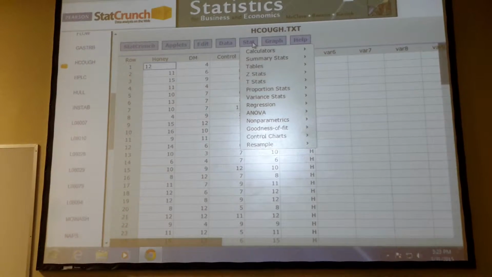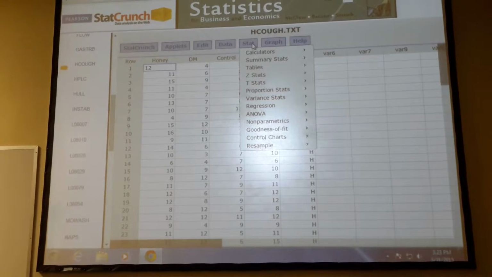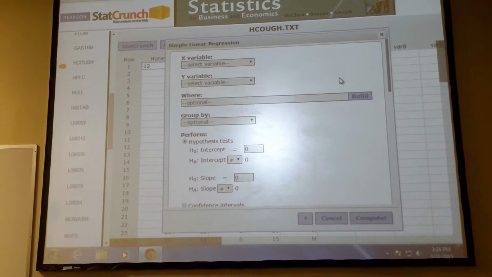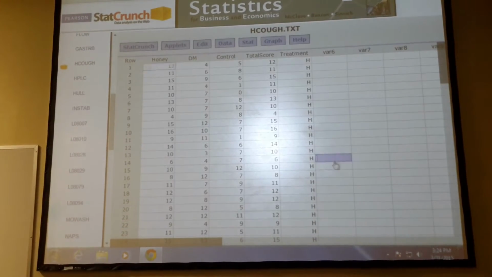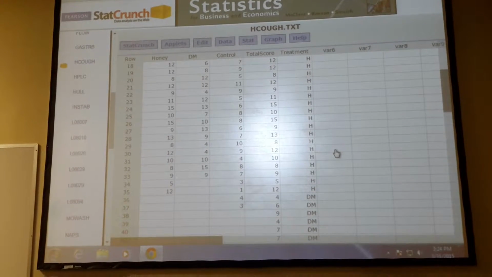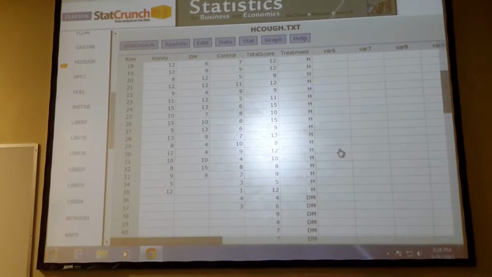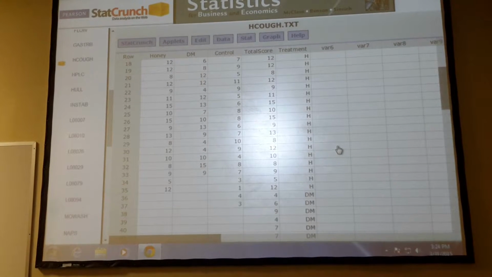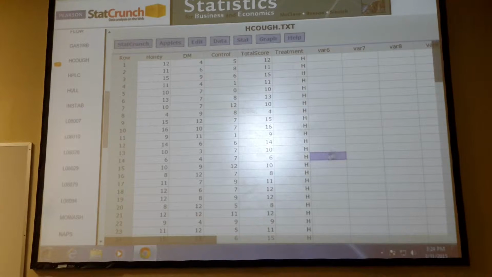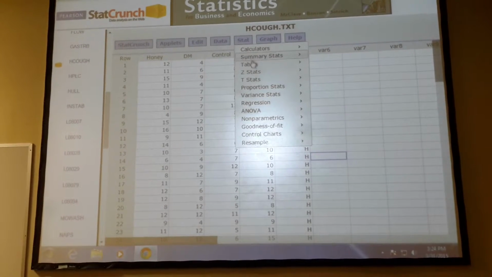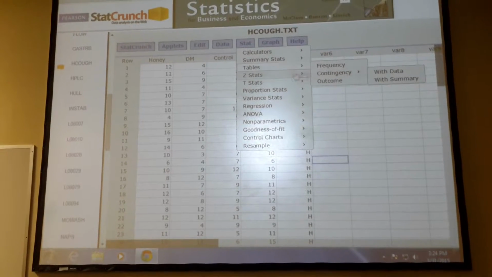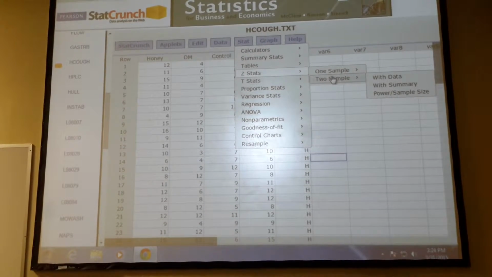We're going to click on our stat button, and this is quantitative data. Just to show you here, we have 35 observations in our honey group and 33 observations in the cough syrup group. So that means that we are going to use a z-test. So we'll go to stat, z-stats. We've got 2 different samples now, so we'll choose this 2-sample test.